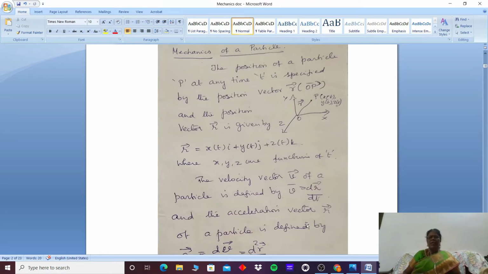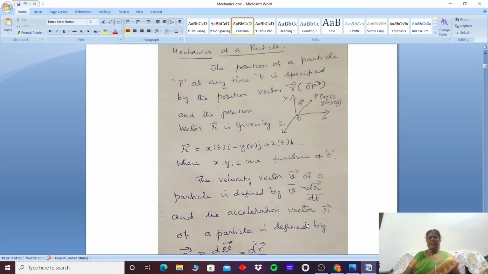The position of a particle P at any time t is specified by the position vector r, which is given in the diagram, and the position vector r is given by r is equal to x of t into i plus y of t into j plus z of t into k, where x, y, z are functions of t. Here x of t is a function of t, y of t is a function of t, and z of t is a function of t.